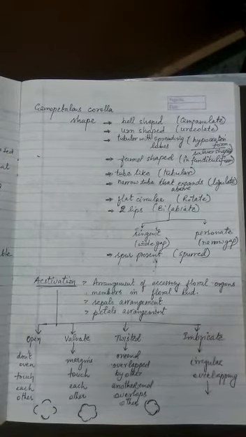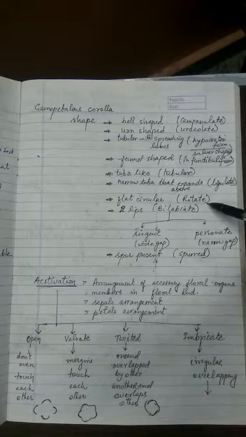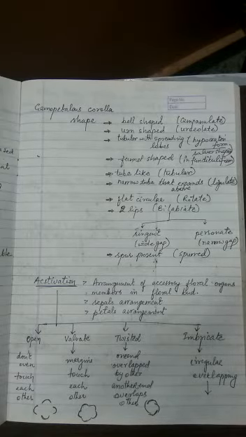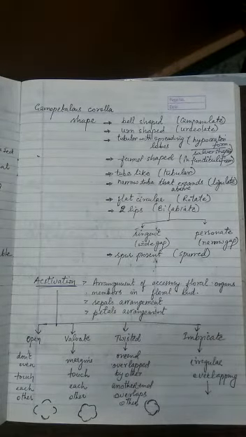For example, if you see the chili flower, or if you have seen the flower of tomatoes, you will find the flower looks like a circle or a wheel. So such type of corolla would be called rotate type.